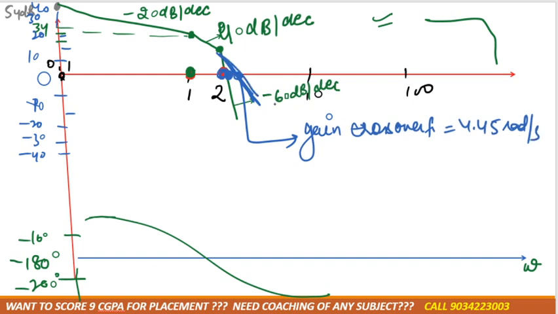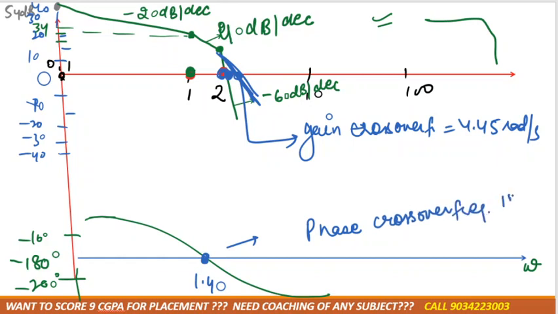It cuts here. Then again, the point where the phase angle graph is cut is the phase crossover frequency. You will get the phase crossover frequency as 1.40 radian per second. Okay.